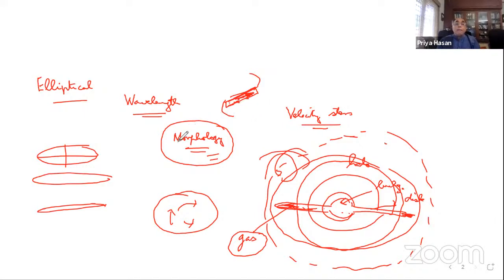Okay, and one more thing which we need to see is if you take an image of a galaxy, it may appear to be say a very smooth elliptical galaxy, or a circular galaxy, or you may not see other features in it.